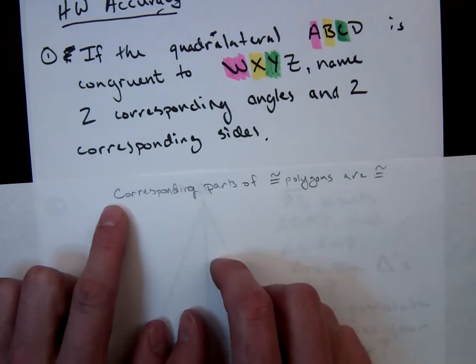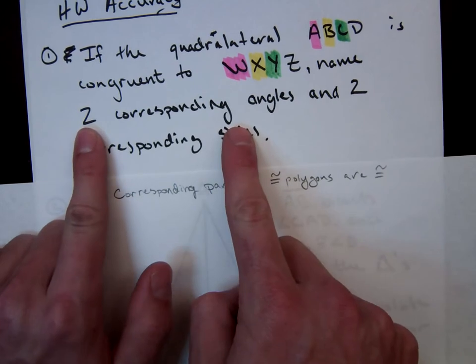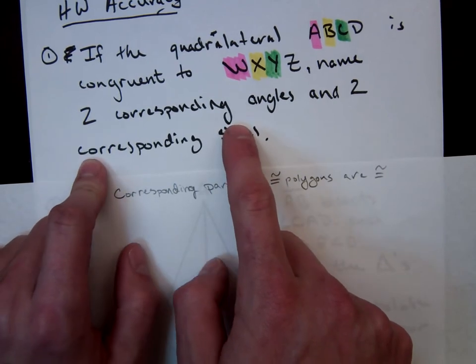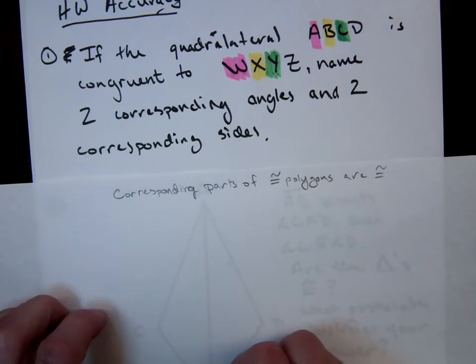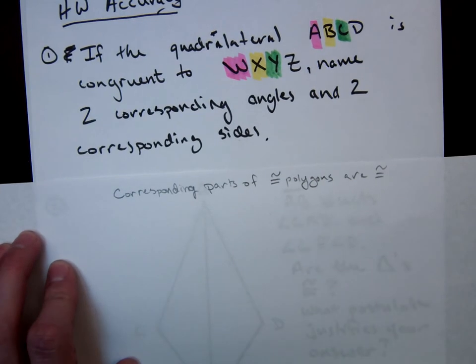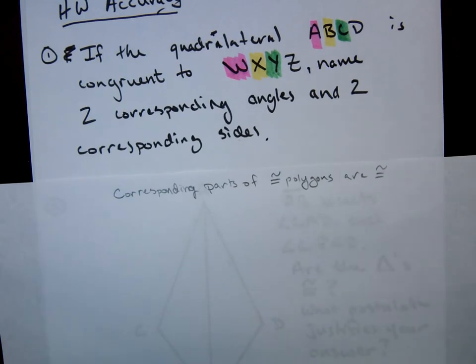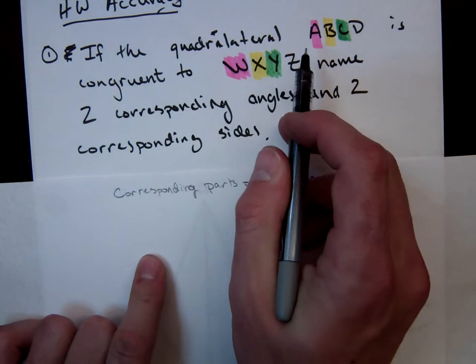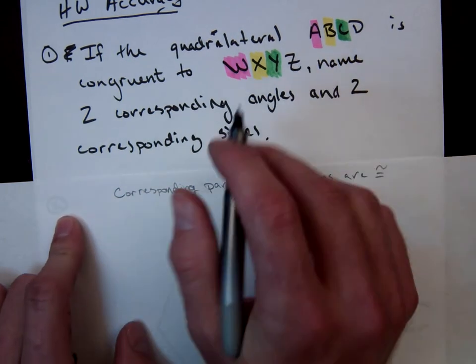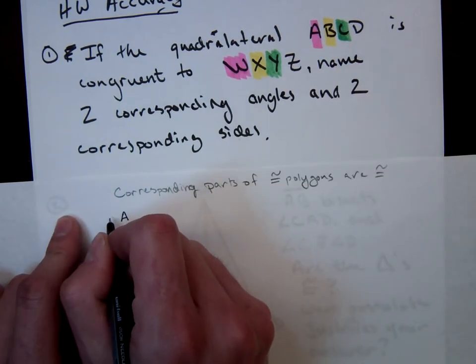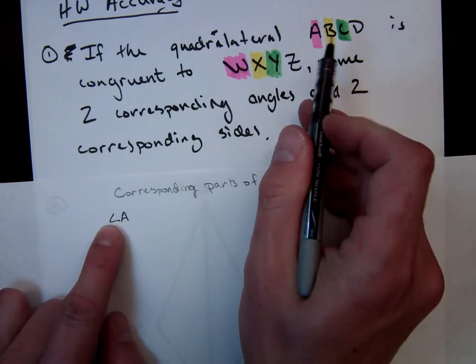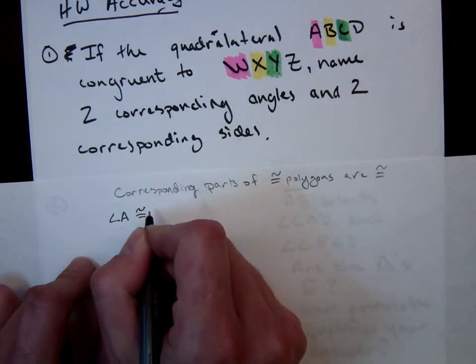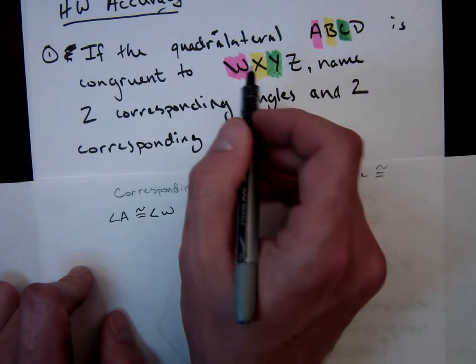So if I'm going to start with the angles, not only can I do two corresponding angles, and I would in fact know that these are congruent, I can actually do up to 4 of them. So here I know that angle A, the angle formed by that vertex, must be congruent to the angle formed by that vertex.